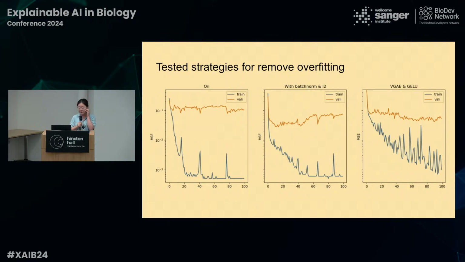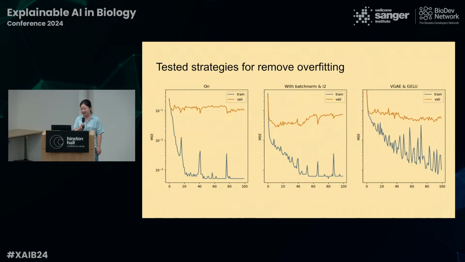So I tried 2 different strategies. The first, the most straightforward one, was to use batch normalization for all the layers in that network, and I also added L2 regularization with a very small lambda, because once we have a really big lambda, the model just doesn't learn at all.